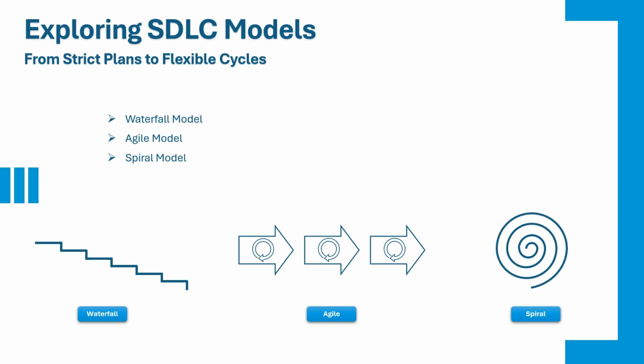In this session, we'll be exploring three of the most common and influential models: the Waterfall model, the Agile model, and the Spiral model. Each takes a unique approach to the development process, from the structured, step-by-step nature of Waterfall to the iterative flexibility of Agile and the risk-focused adaptation of Spiral.